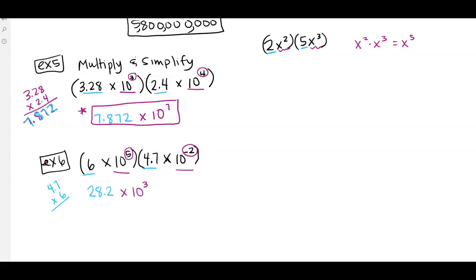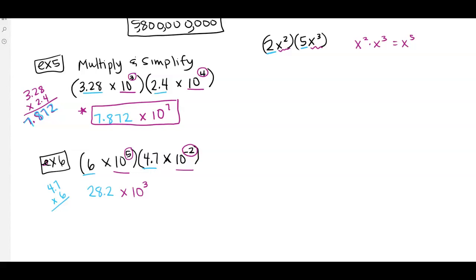Okay, so is this written in scientific notation? Is my answer in scientific notation right now? Is my number in the front a number that's between 1 and 10? No. So it's not quite written right.